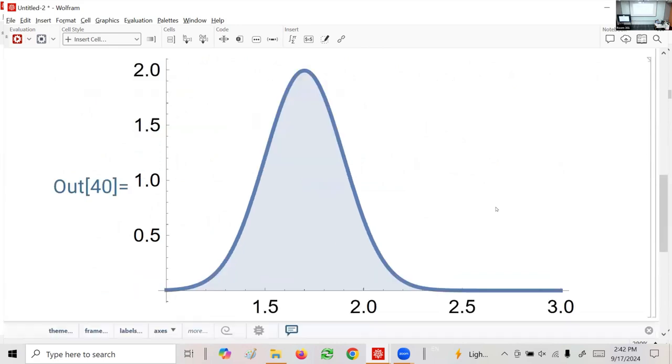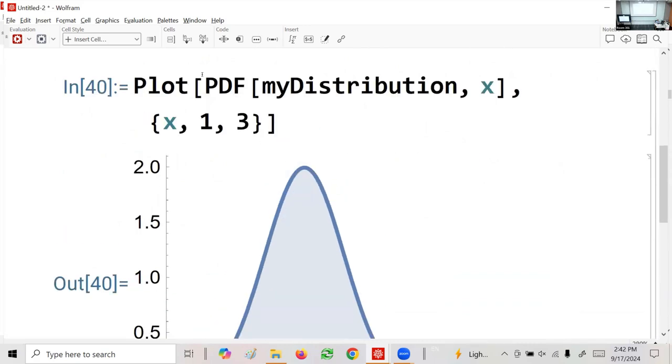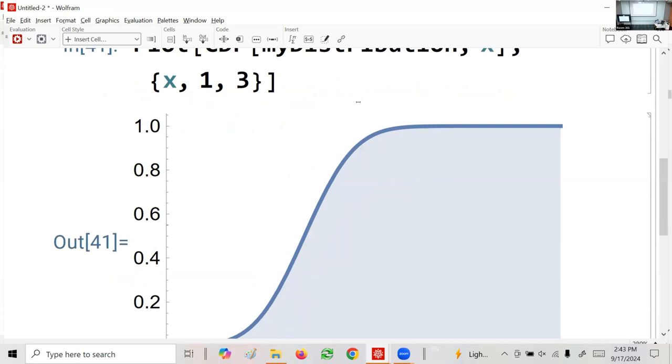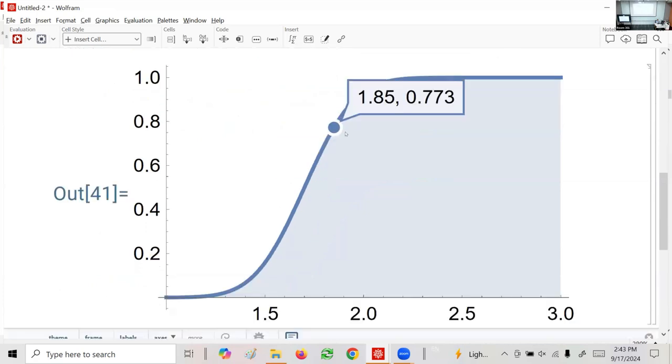By the way, sometimes instead of the PDF, you can use the CDF. CDF is basically the probability of something less than or equal to that. So the CDF is the integral of the PDF. Raise your hand if you don't know the difference between CDF and PDF.